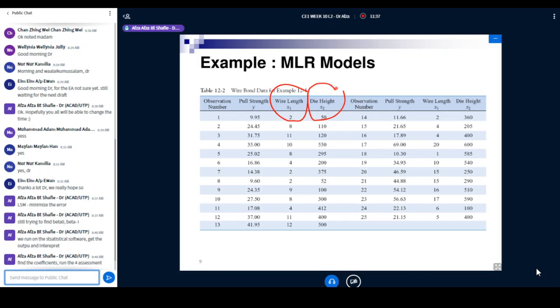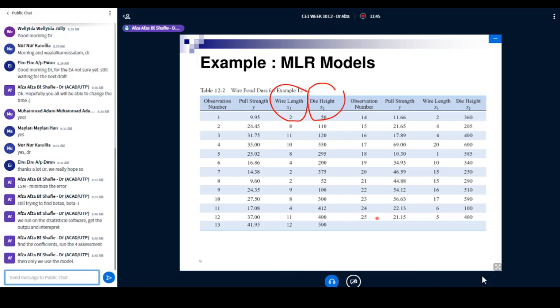That means this is your y, this is your x1, this is your x2, and altogether you have 25 observations. This is observation number 1, number 2, number 3, and so on. This is observation number 5: when the pull strength is 21.15, your wire length is 5, and your die height is 400. This is taken from some experiment.